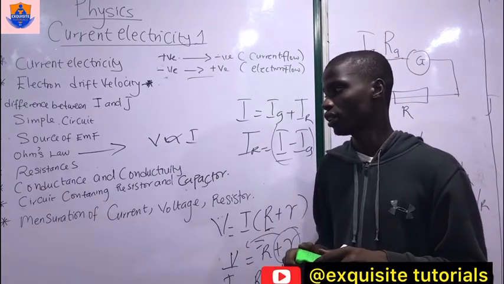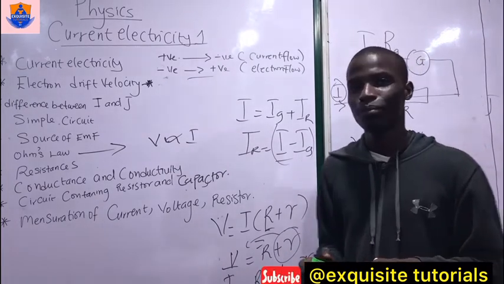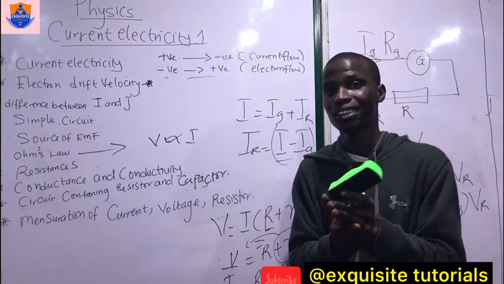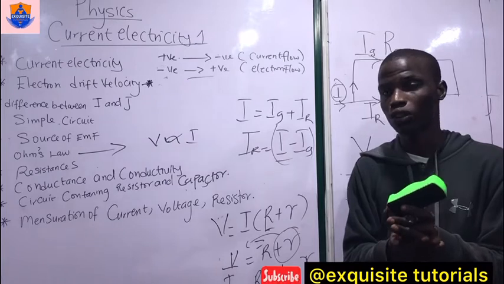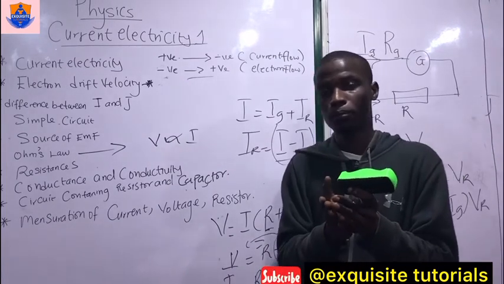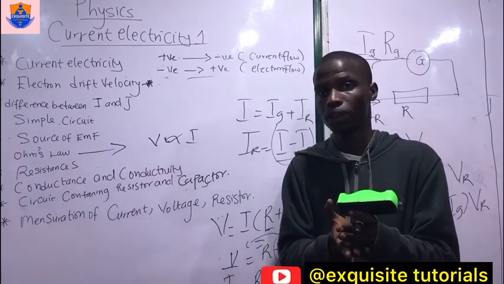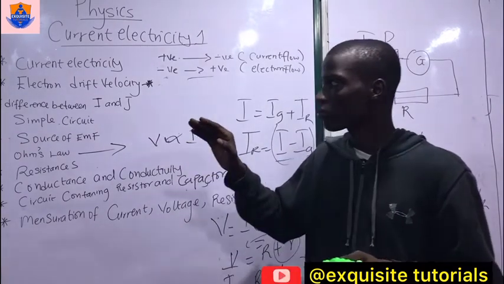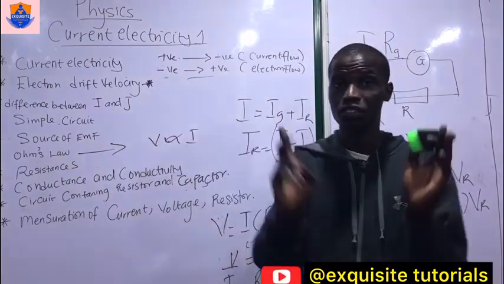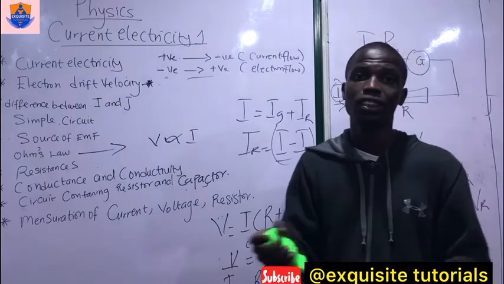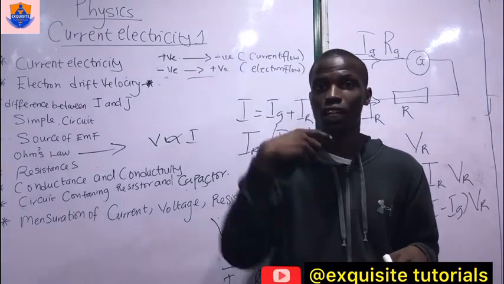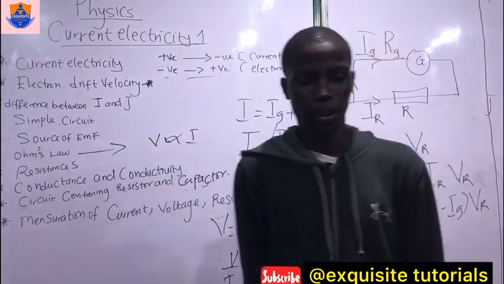The first question is, what are the 4 factors that affect the resistance of a circuit? Then, what is the function of a galvanometer? Then, what is the difference between the current and the current density? So I've given you 3 questions, and I'll be expecting your answers in our WhatsApp group. Thank you for your time.